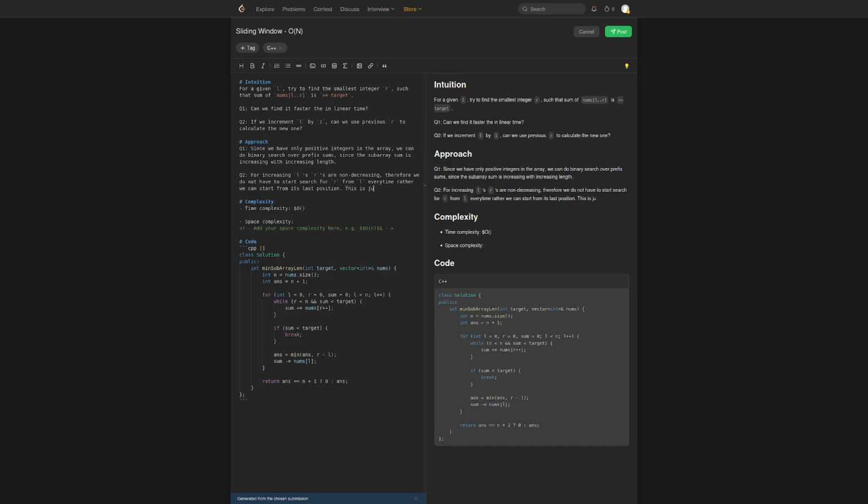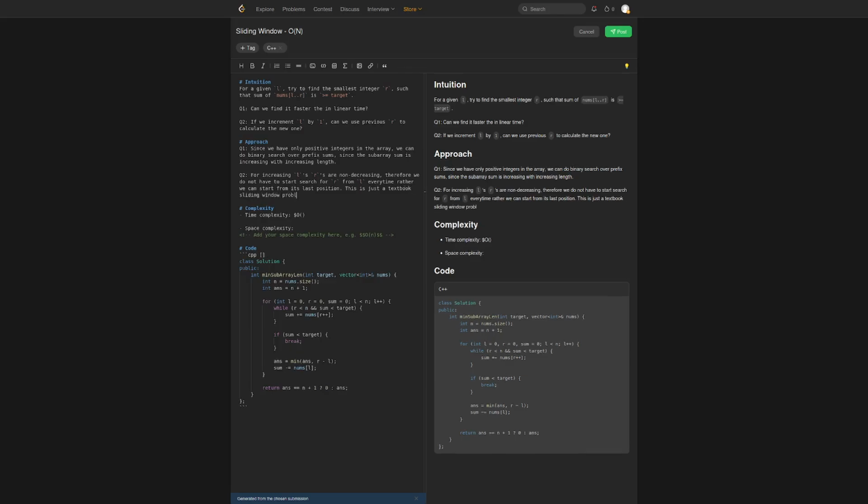This is just a textbook sliding window problem.